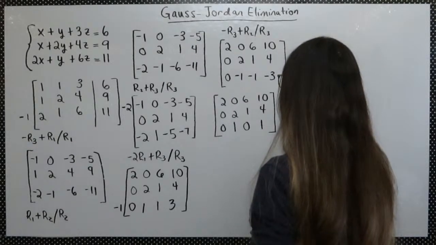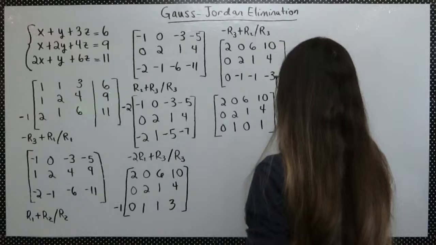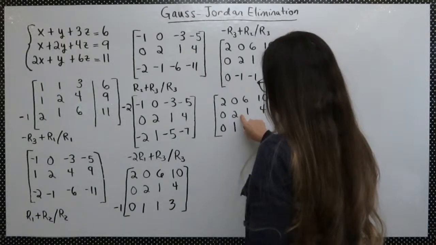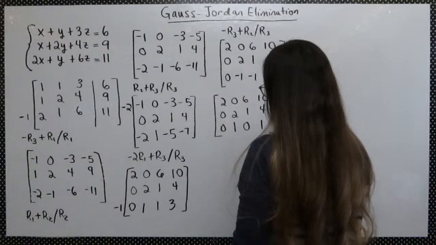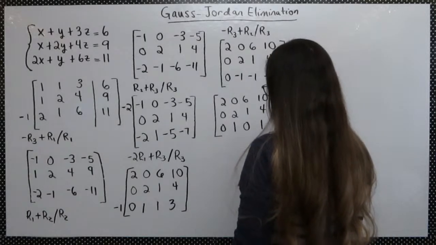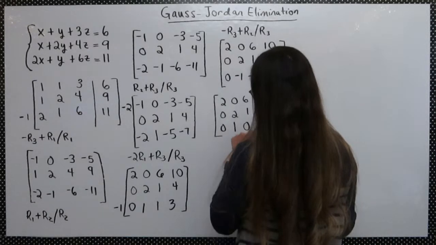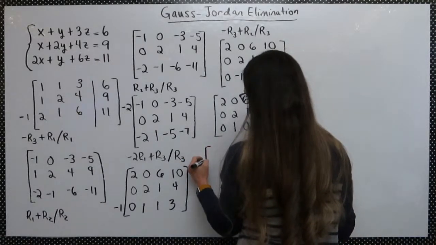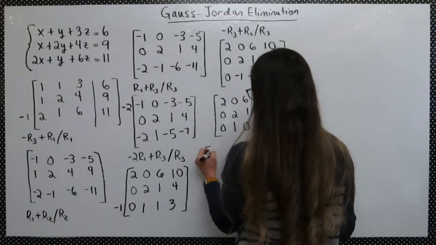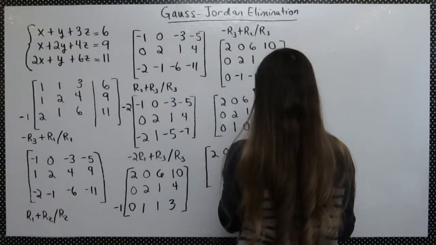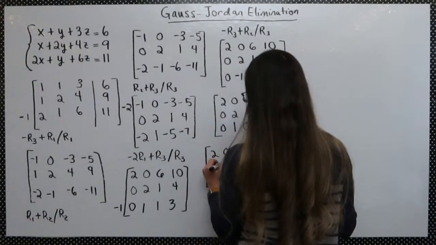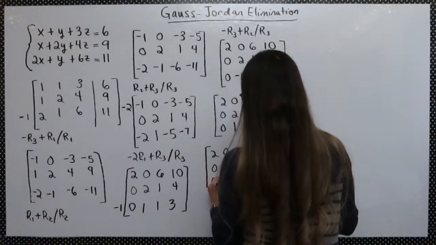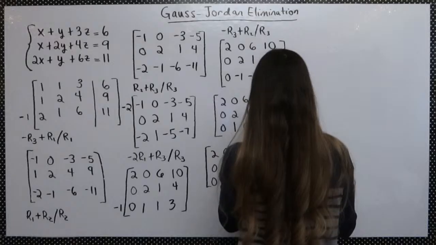And then I need this number right here to be 0. So I'm going to multiply... let me rewrite this, just swapping out these two rows. 2, 0, 6, 10, 0, 1, 0, 4, and 0, 2, 1, 4.